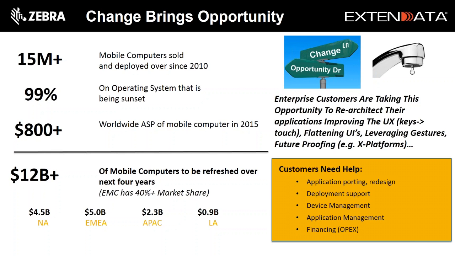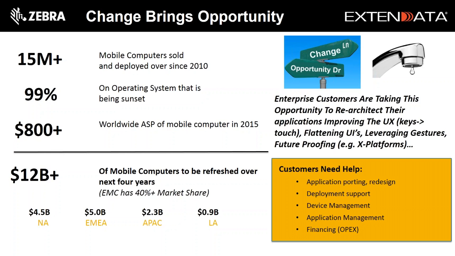Maybe we should rethink the UI. Maybe we should rethink what devices we're going to give to employees. Our resistive touchscreens are not quite the latest and greatest. If you give a Windows Mobile resistive touchscreen device to a young person today, the first thing they try to do is gesture, and they can't. So that's kind of the opportunity.